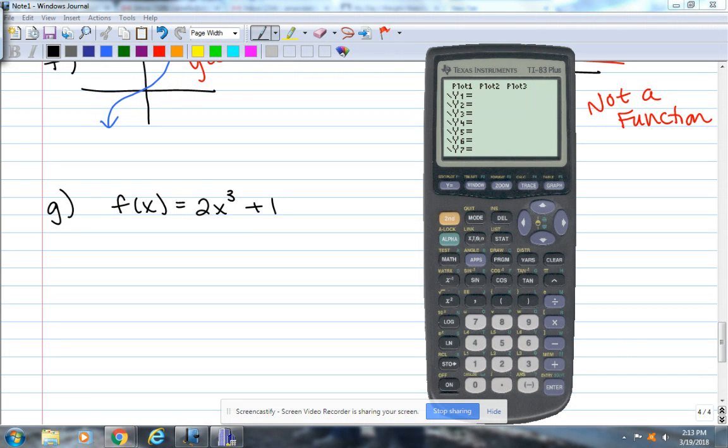You don't want anything going on. You want it to look all nice and blank like mine is. Okay? And then you're going to type in 2. Remember the X is right there by the green alpha button. Rooftop 3 to raise it to the third power. And then plus 1.